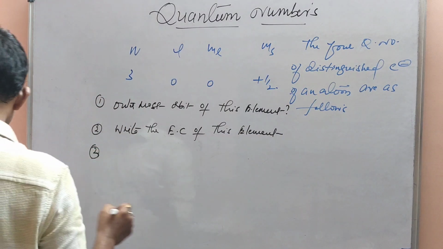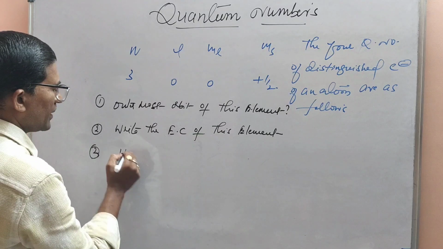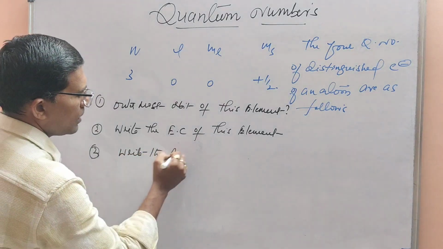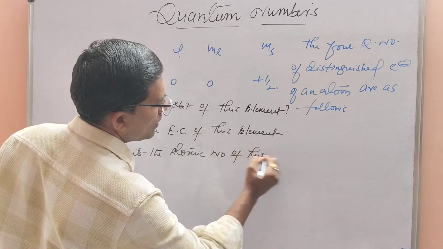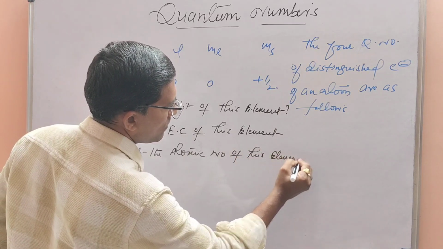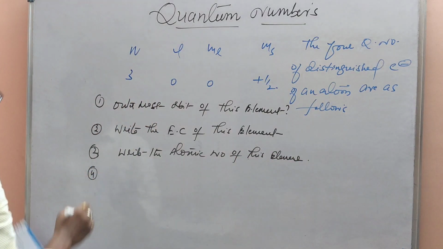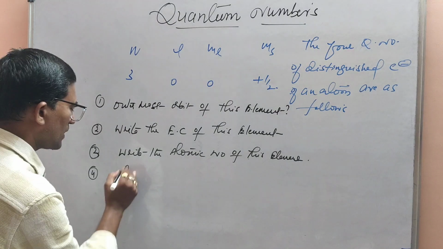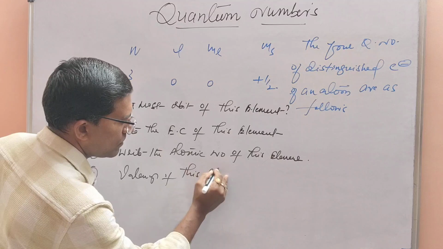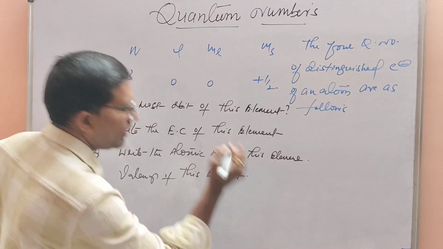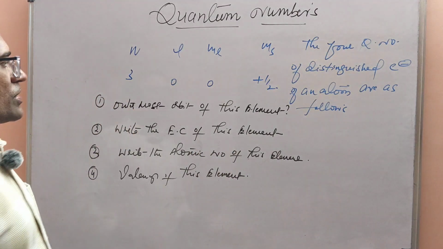Third, write the atomic number of this element. Next, the fourth question is the valency of this element.